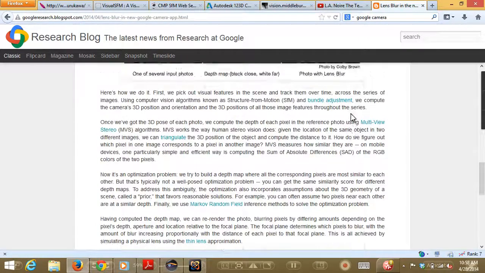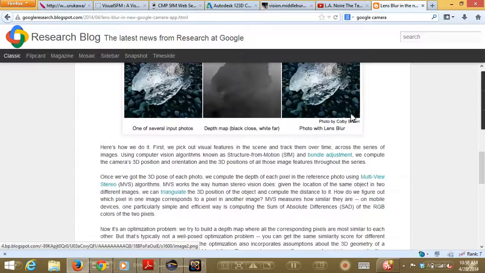But if you look at what's underneath the hood, they're saying they're using structure from motion, bundle adjustment, multiview stereo, right? So the key is that you don't just have a single image to work from, you have a series of images that you use to create the depth map. If you look at this Google research blog, after taking this course, you should be able to understand pretty much everything in this paragraph: first they do structure from motion, then bundle adjustment, then multiview stereo.